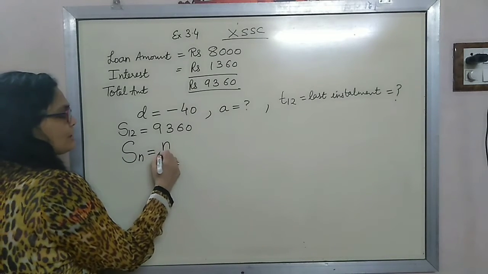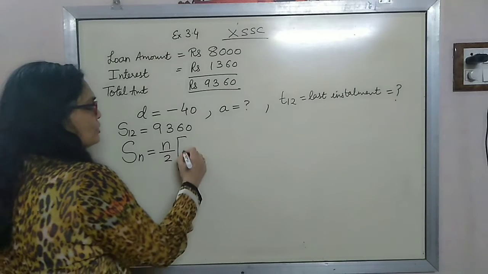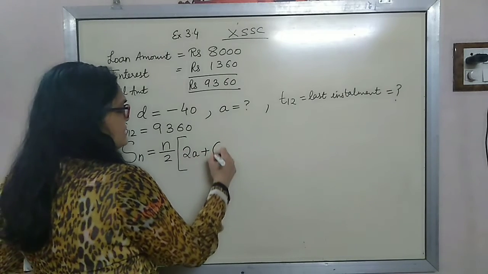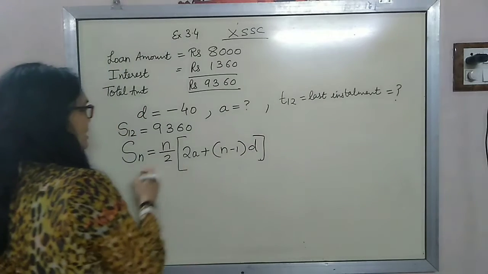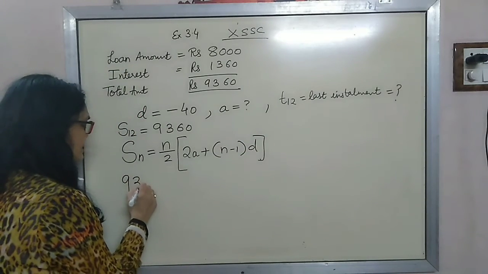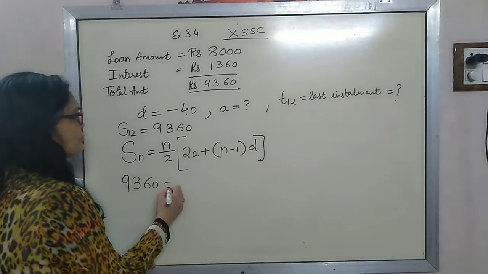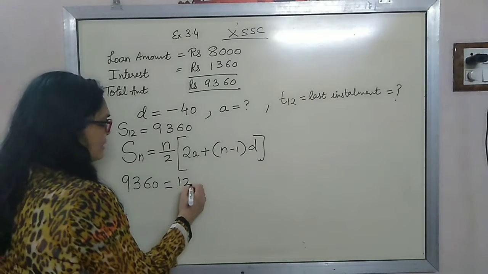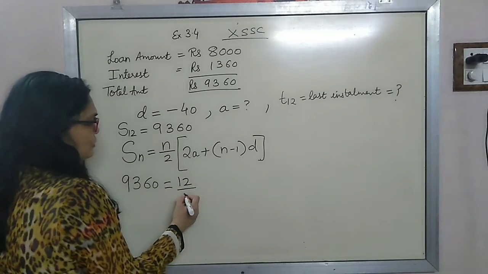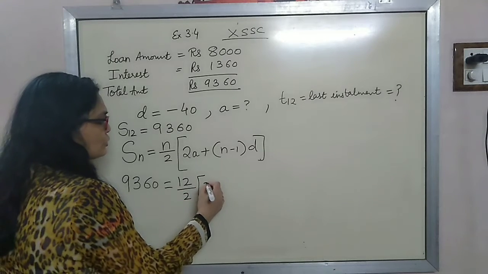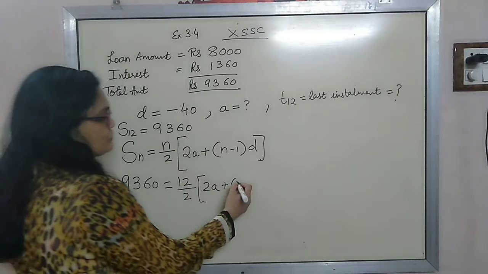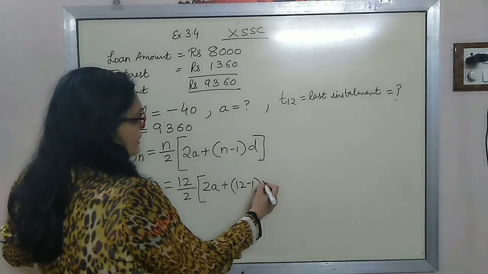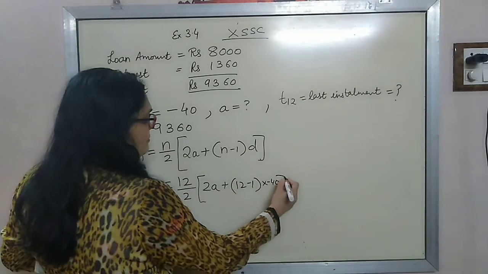Sn is equal to n upon 2, 2a plus n minus 1 into D. Sn is 9360, which is equal to n means 12, 12 upon 2, 2a because a we don't know, n is again 12, so 12 minus 1 and D is minus 40.